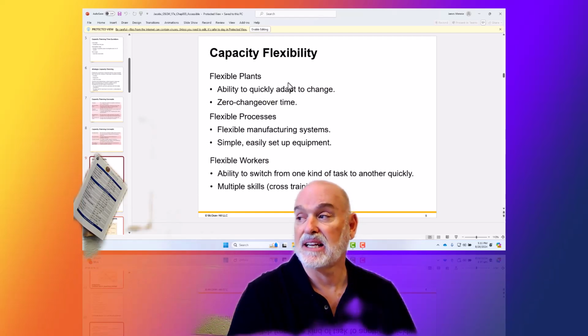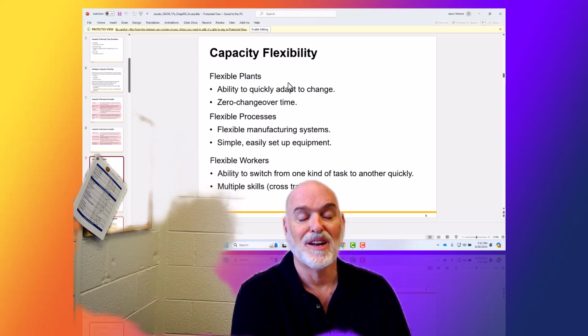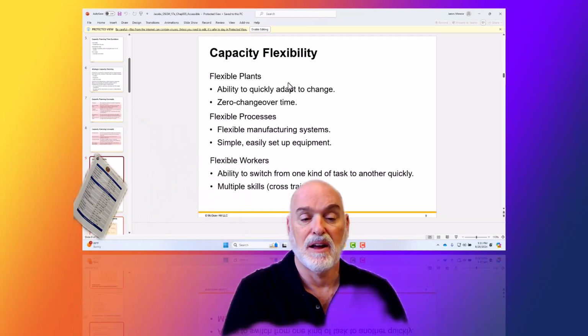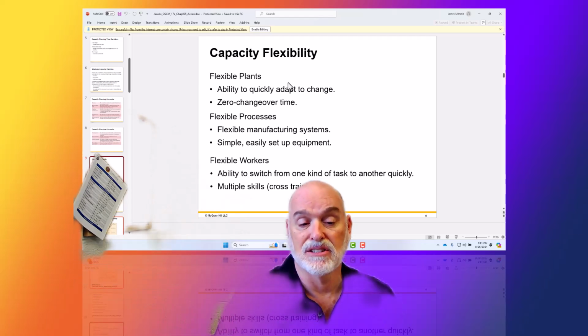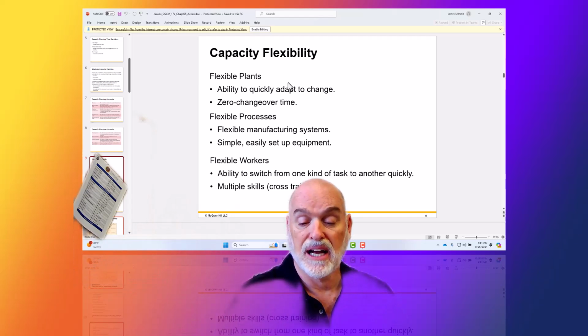In capacity flexibility, you have flexible plants, with the ability to quickly adapt to change, zero changeover time, flexible processes, flexible manufacturing systems, and simple, easy setup equipment. And flexible workers, with the ability to switch from one kind of task to another quickly, and multiple skills.